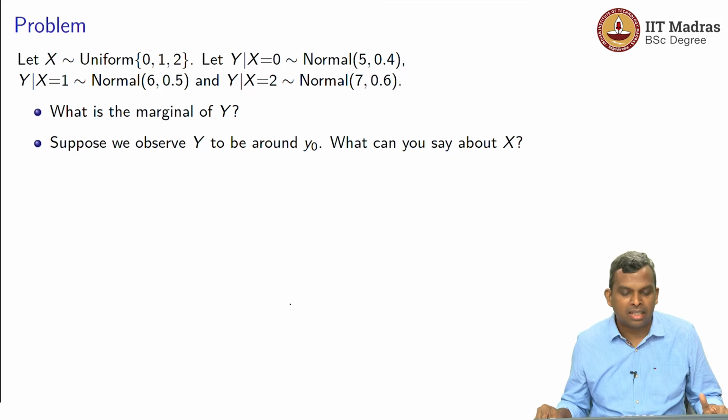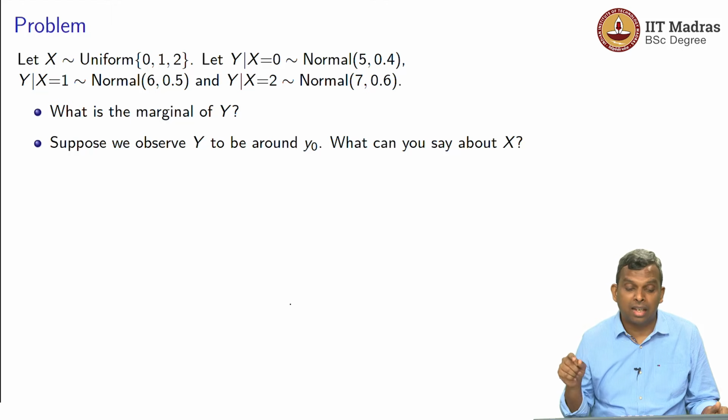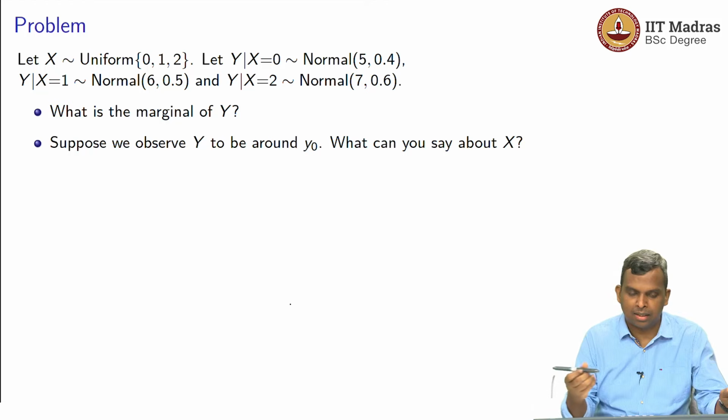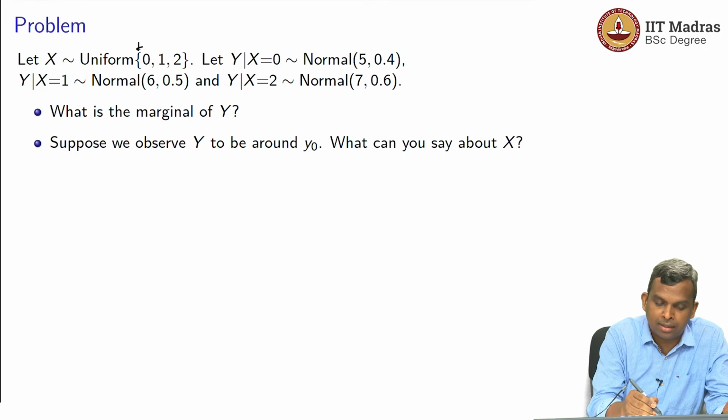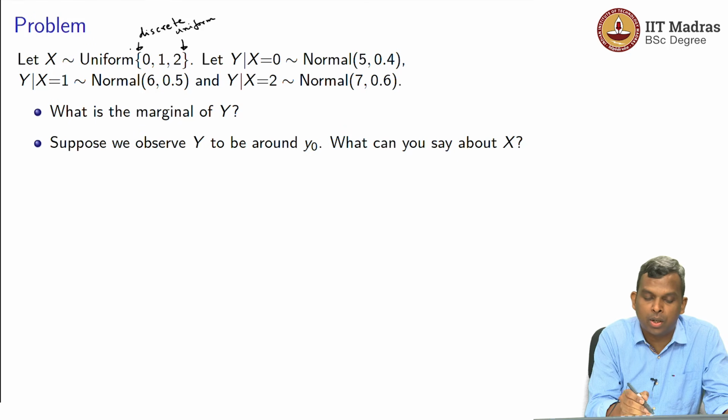Okay, so this says x is uniform {0, 1, 2}. Notice these braces here. These braces clearly indicate that this is a discrete uniform random variable, taking three values 0, 1, 2.